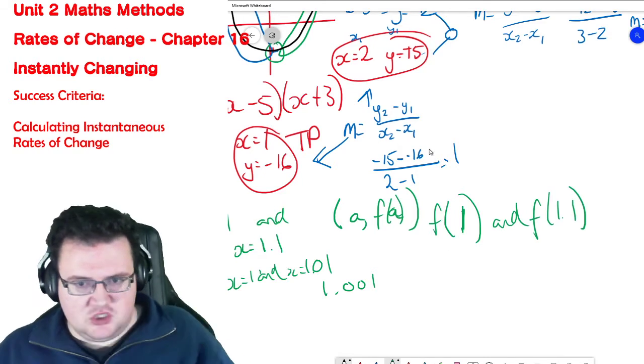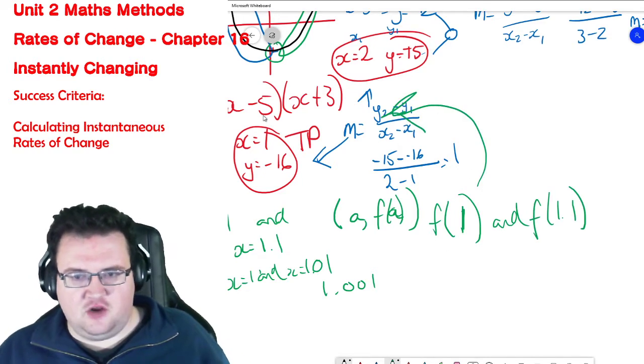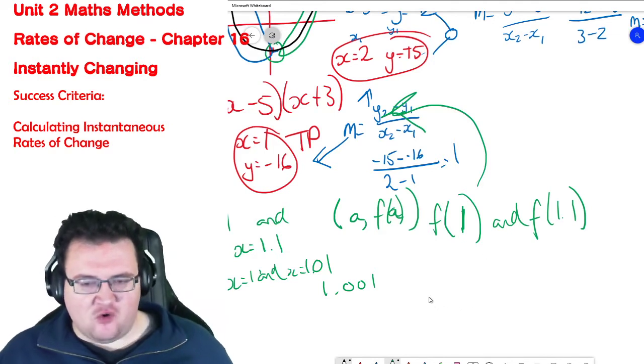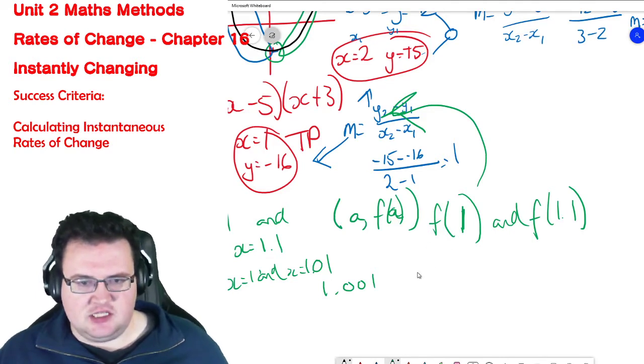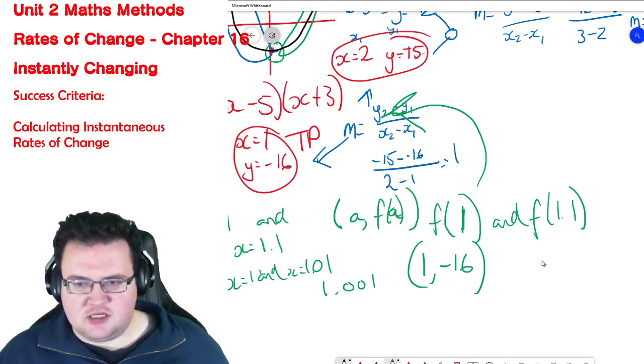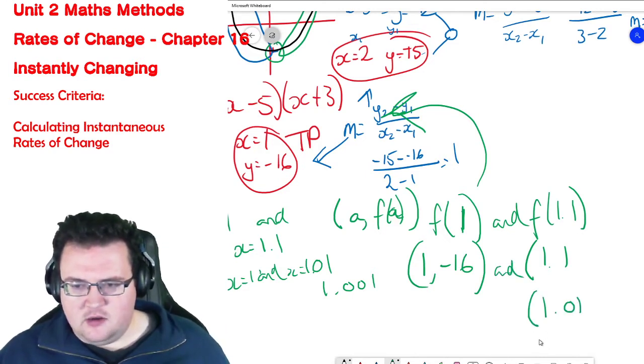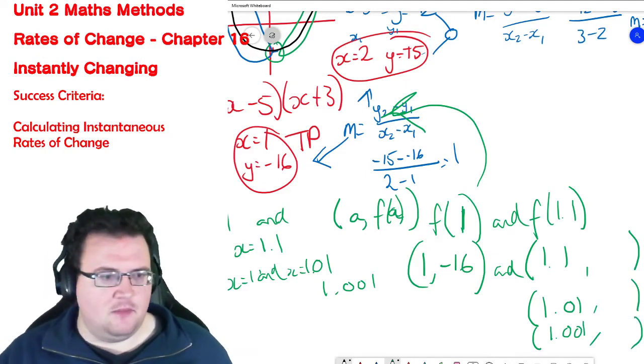To do that, again, using the equation over here, I need to find the gradient between these 2 points. So what is f of 1 going to be? Well, f of 1 is minus 16, so that's 1, minus 16. Can you guys help me find 1.1 and 1.01 and 1.001, please? Help me find those so that I can move on. I'll be back in a moment.